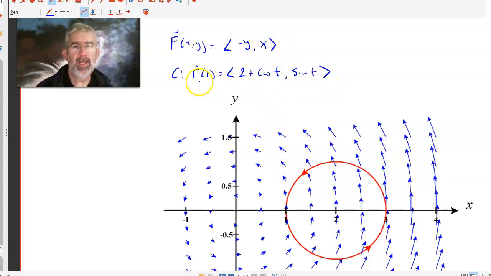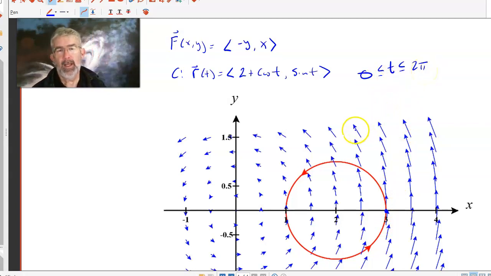That's my vector field. And my curve, I'm going to do a closed circle. I didn't say here, but t is going to be between 0 and 2 pi. So at t equals 0, I'm out here at the point 3, 0. And then I rotate around in a counterclockwise fashion, and this will get me around that curve once from t equals 0 to t equals 2 pi.